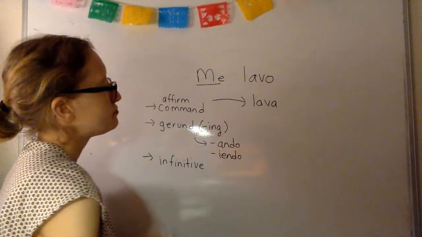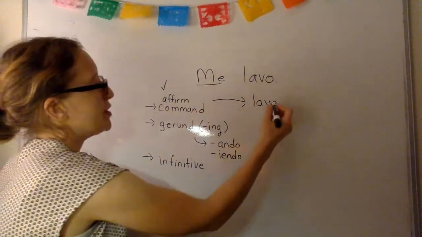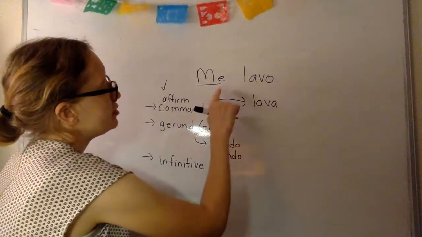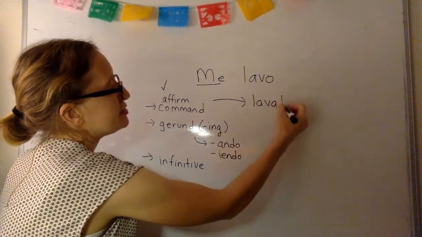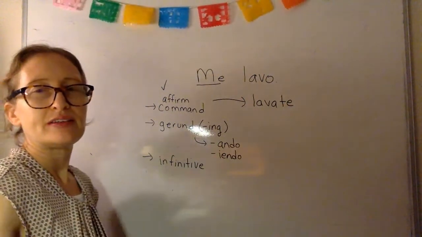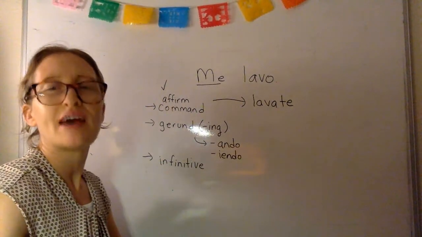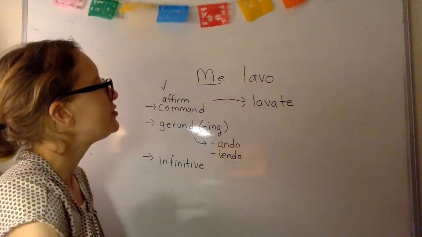Now, with only the affirmative command, that's the positive command, you're going to take the pronoun and put it at the end. And you need something else here. And that something else is an accent mark. You need an accent mark.